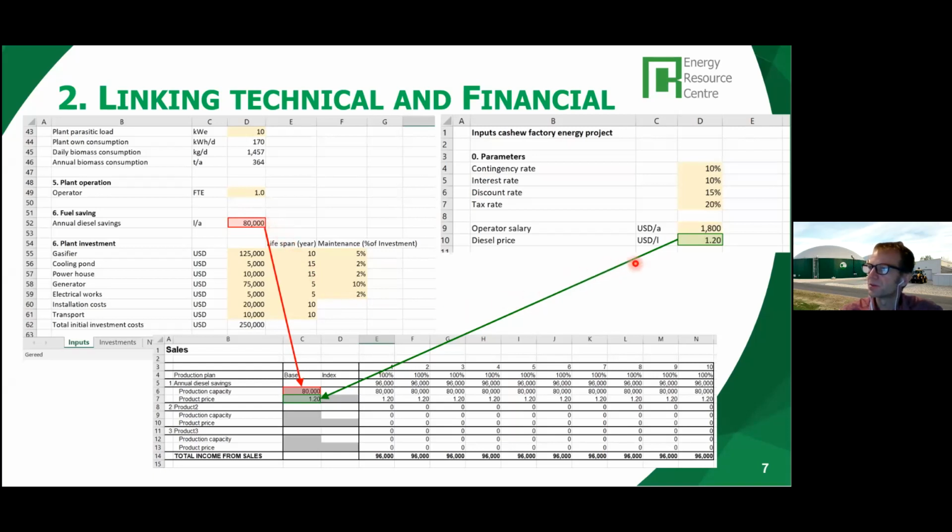And on the other hand, what we had in the input sheet is the diesel price, which is in this case $1.2 per liter, which we put in the sales sheet under product price. And the two are combined, and they give you the financial revenue for each year.